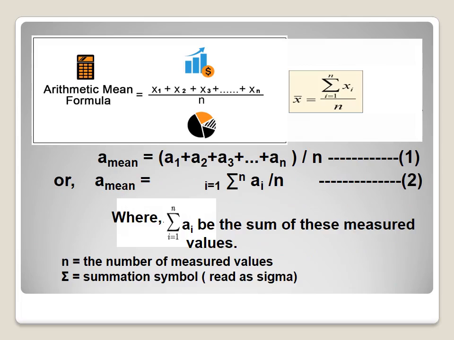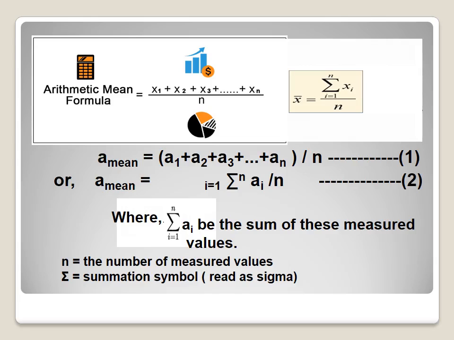So its arithmetic mean, which is represented by A mean, is equal to sum of measured values divided by number of measured values, is equal to A1 plus A2 plus A3 plus etc. plus An, whole divided by n, which is equation number 1.